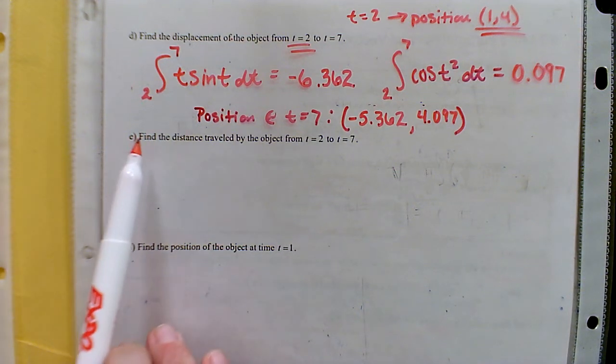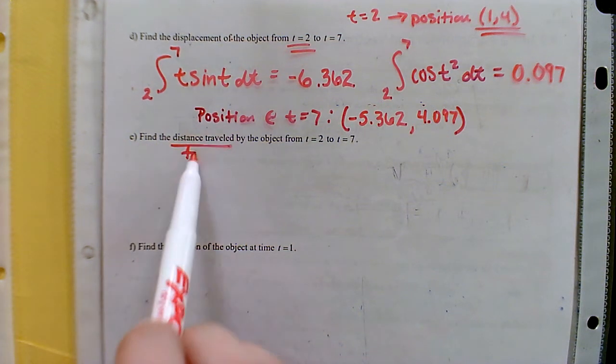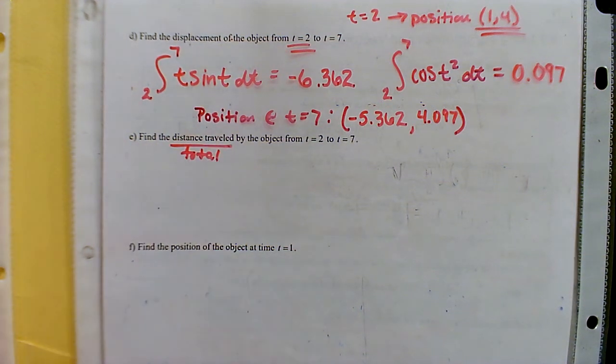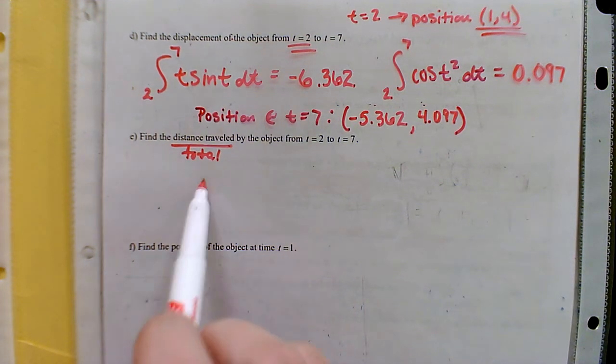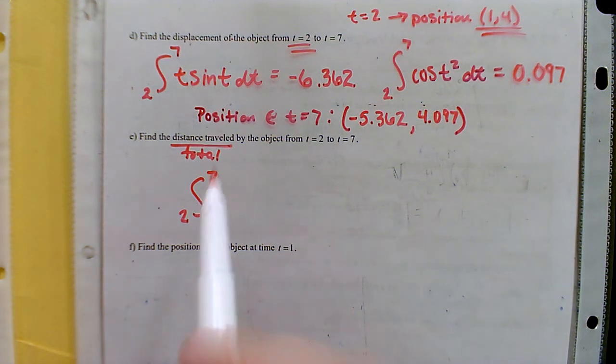All right, let's try E. Find the distance traveled, basically total distance traveled by the object from 2 to 7. Eric, what do you want to do? I guess Pythagorean. This one's a Pythagorean theorem. Okay, so we're going to go from 2 to 7, and we're going to integrate the total velocity, which would be that result from the Pythagorean theorem.